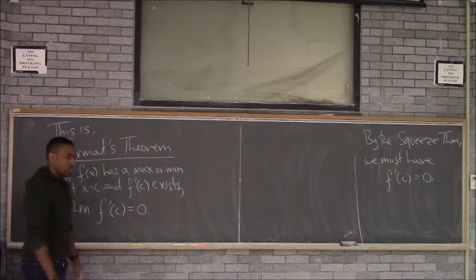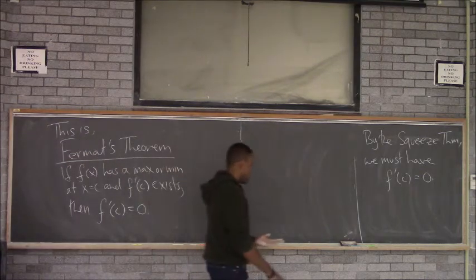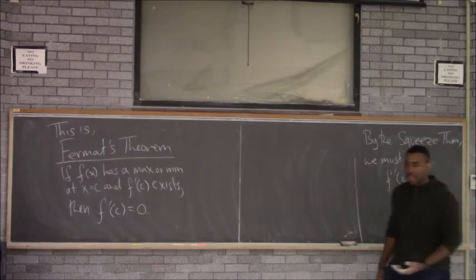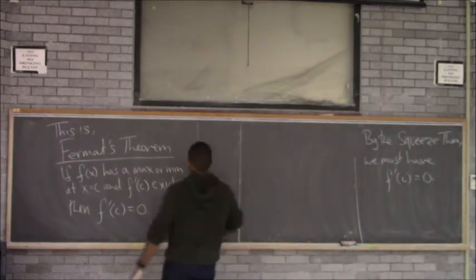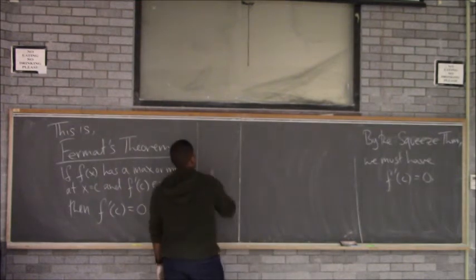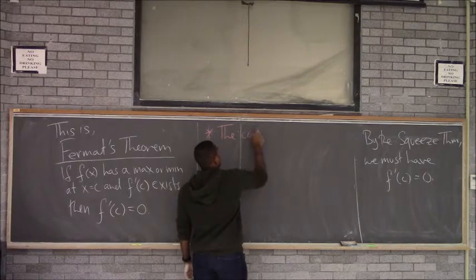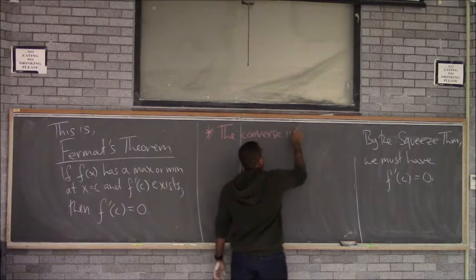This is called Fermat's theorem. If you have a max or minimum and calculus works where you're looking, the derivative has to be 0 at that location. I want you to note a very important thing. The converse is not true.